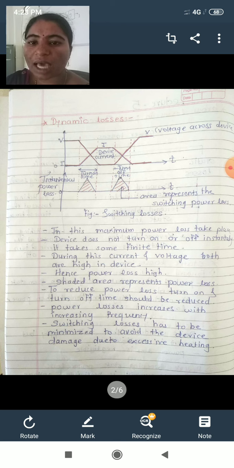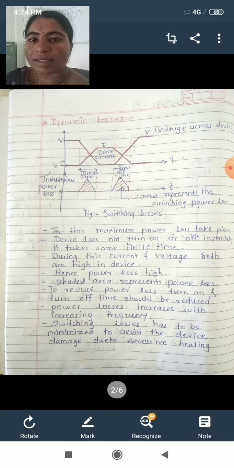Here waveforms are drawn, two waveforms, voltage and current. See the initial condition. When your SCR is in off condition, at that time voltage is very high and current is very small, negligible. Ideally consider current is 0 and voltage is very high.